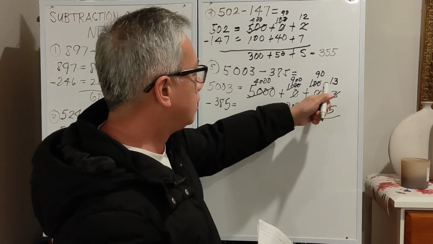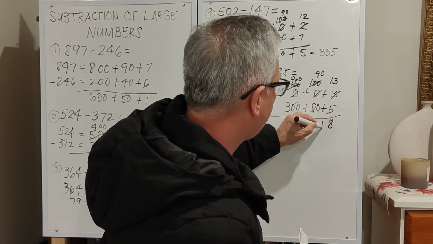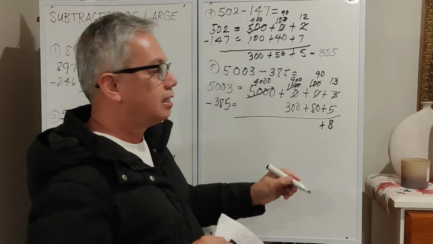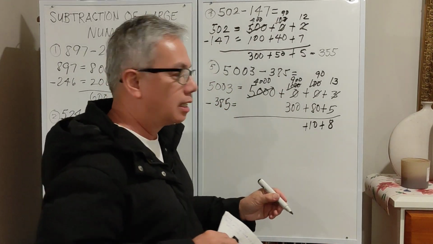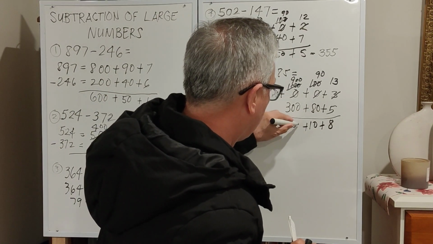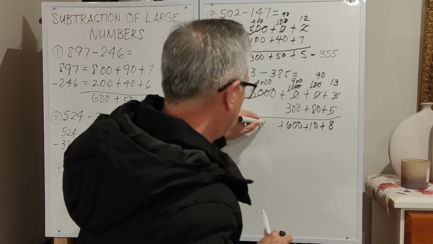We can now subtract. 13 minus 5 is 8. 90 minus 80 is 10. 900 minus 300 is 600. And 4,000 minus 0 is 4,000.